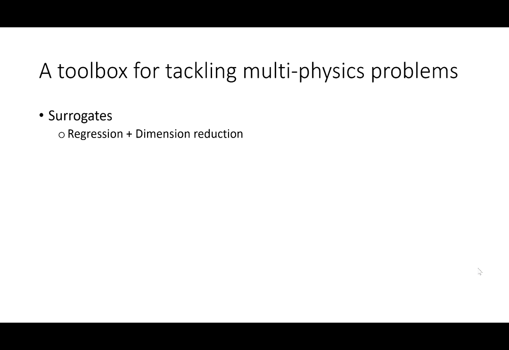Now, in summary, we have talked about a toolbox for the bottleneck of multiphysics simulations, namely the aerodynamic solver in our context. We used the surrogate modeling approach, which is essentially a regression model with some dimension reduction technique. And this basic model already achieved an acceleration of 4 orders of magnitude.